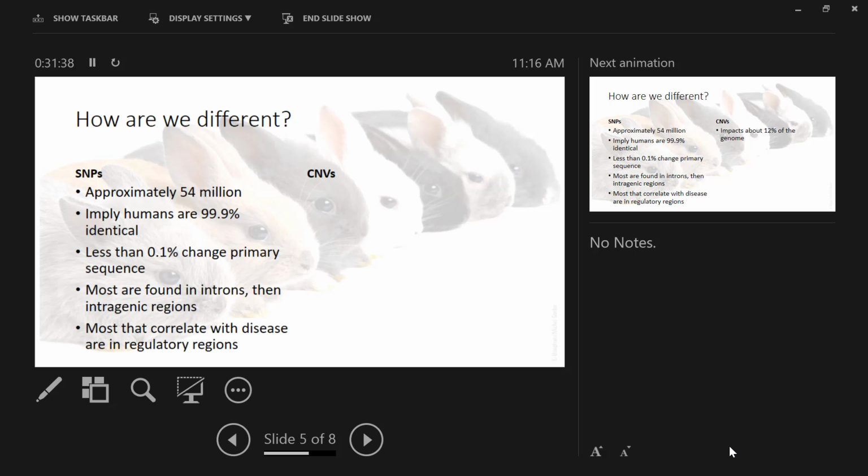Now, this isn't saying most correlate with disease. This is saying most that correlate with particular genetic illnesses. So there are particular genetic illnesses that are the result of a single nucleotide polymorphism. Great example, sickle cell anemia. Okay, it is a single nucleotide polymorphism and it results in genetic illness.